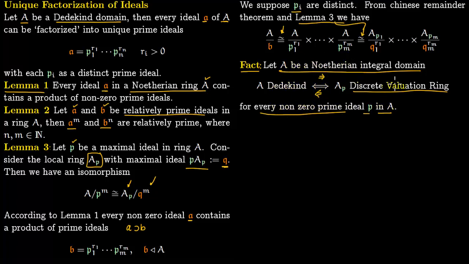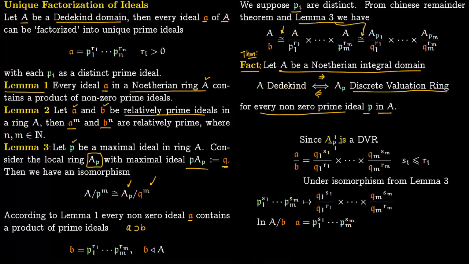So this we are going to use as a fact here, as a black box, but this is a big theorem, and it tightly links Dedekind domains with discrete valuation rings. So for our purposes we just require this side implication. Since we are working with the Dedekind domain, if you take A localized at a prime ideal P here, it will be a discrete valuation ring or a DVR.